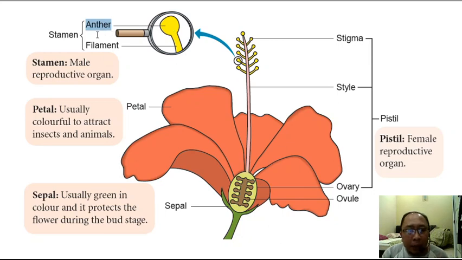So you have to remember, the stamen is a male reproductive organ that consists of anther supported by filament. Inside the anther are pollen grains, and inside the pollen grain is a male gamete. So what will happen during pollination is that pollen grains in this anther will be transferred to the stigma.